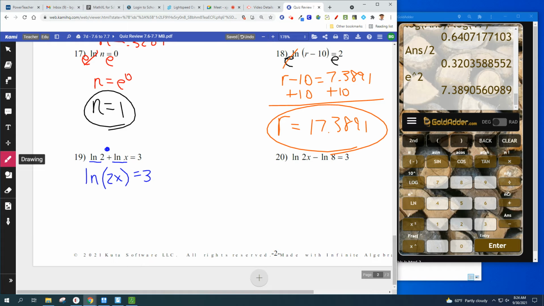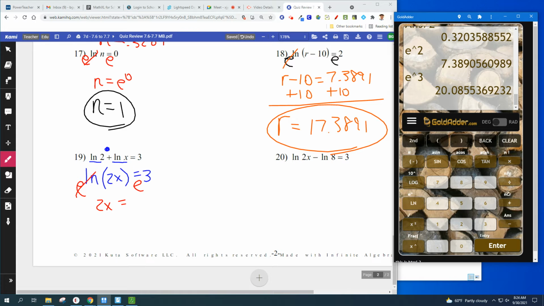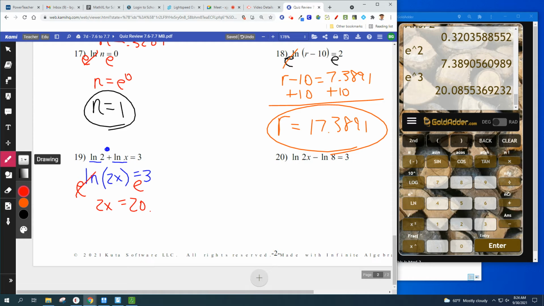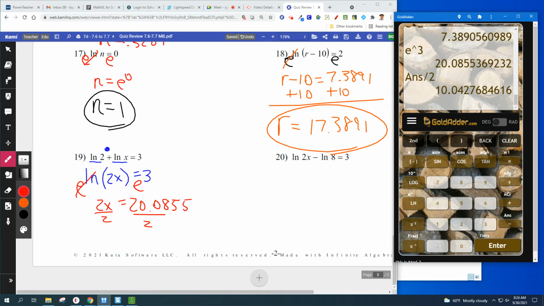Your next step then is get rid of your log with a base e. 2x equals e to the third power. E to the third power is 20.0855. And then divide by 2. 10.0428.